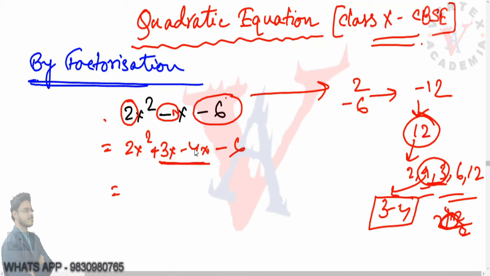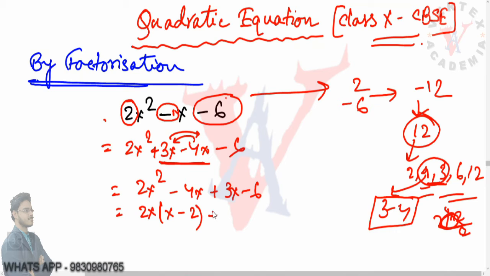So let us take 4x here and 3x there: 2x square minus 4x plus 3x minus 6. Here we can take 2x common, so x minus 2, plus 3 common, x minus 2. So finally we have factorized it. x minus 2 into 2x plus 3 is the factorization. So this is a quick overview of how to factorize.